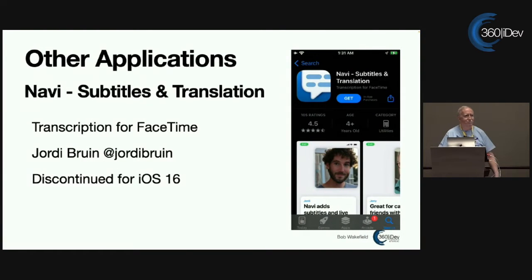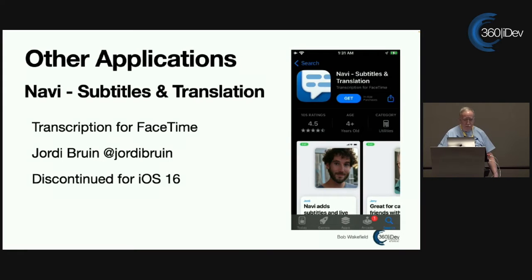For example, Jordy Bruin wrote Navi, an app which uses speech recognition on your end to add subtitles to the other end of a FaceTime call. This is brilliant. It's a wonderful application for the hearing impaired. He originally also offered translation services.